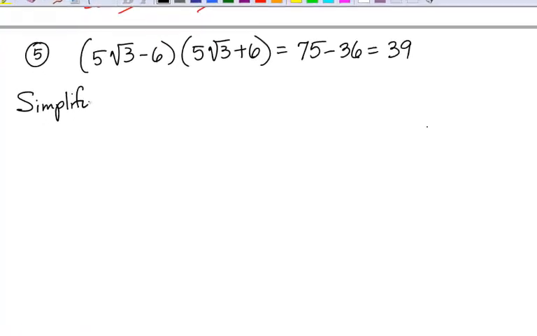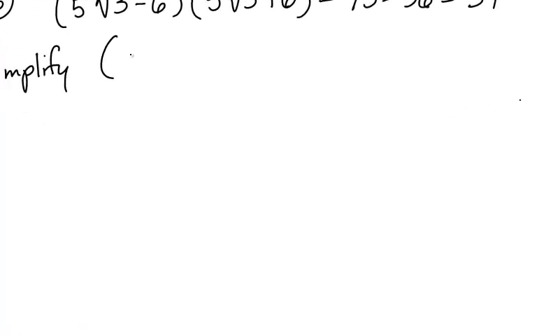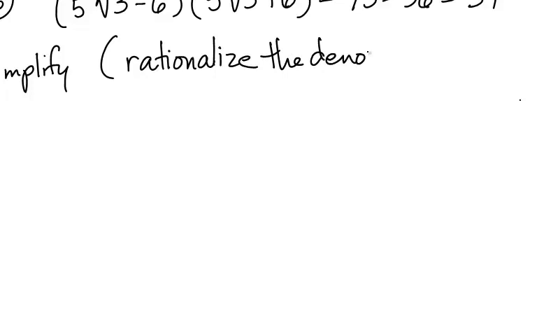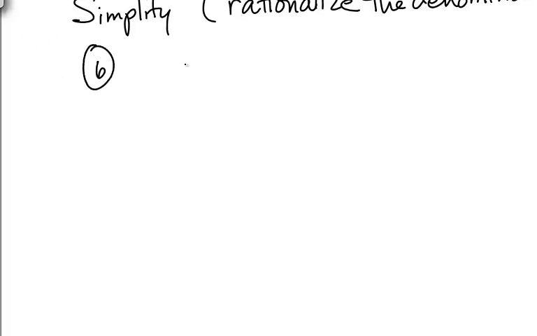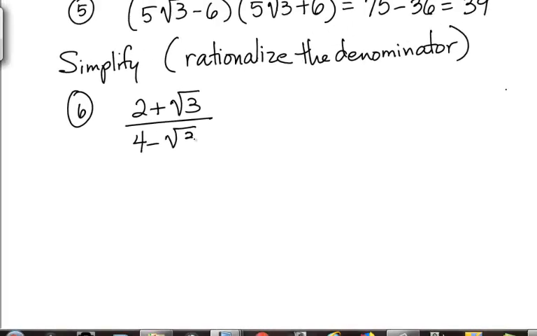And this part, you might make a little note, rationalize the denominator. Okay, so if I had 2 plus radical 3 in the numerator divided by 4 minus radical 3 in the denominator.